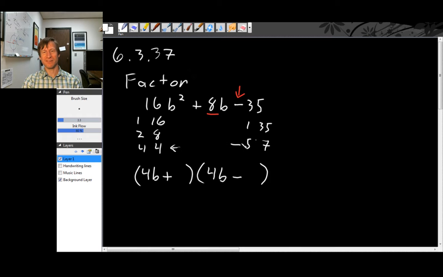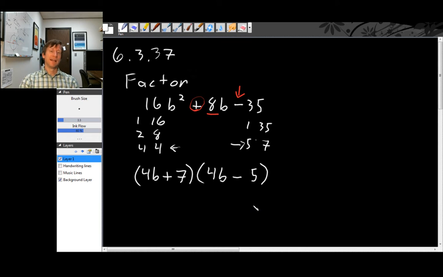Probably 5 and 7, again, because the middle coefficient, the 8, is so small. But which should be with the minus sign, the 5 or the 7? Well, the sign on the middle coefficient is positive, so the positive one is going to have to be bigger. So the 7 should go with the plus. So let's guess that the 7 should go here and the 5 should go here.